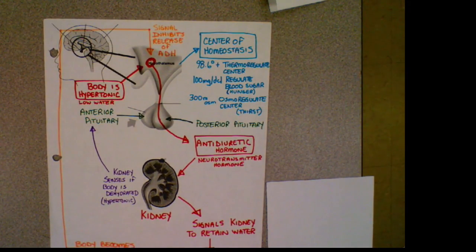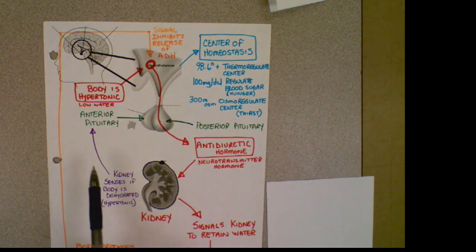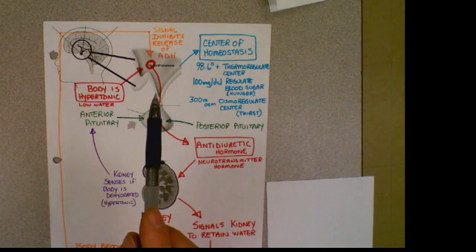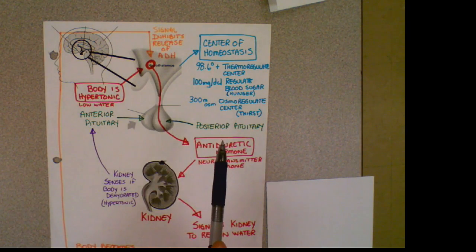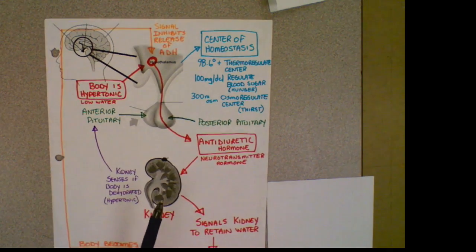Now, what's interesting is the kidneys themselves, and I have this written in purple, the kidneys themselves are going to sense if the body is hypertonic or dehydrated. And it's the kidneys that send a signal to our hypothalamus that then causes the release of antidiuretic hormone, which goes back to the kidneys to tell the kidneys to retain water.